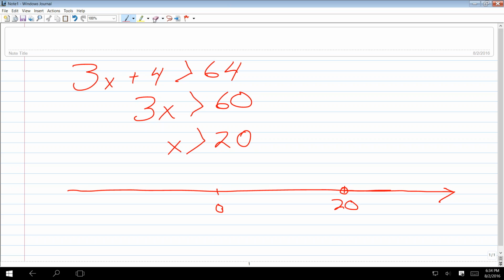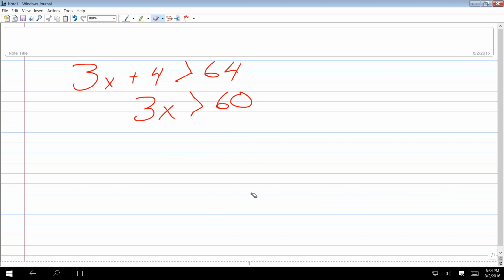There's one main difference with an inequality as opposed to an equation. And that is if I put a negative sign in front of that. Now I'm going to subtract 4 from both sides, and so I have negative 3x is greater than 60.